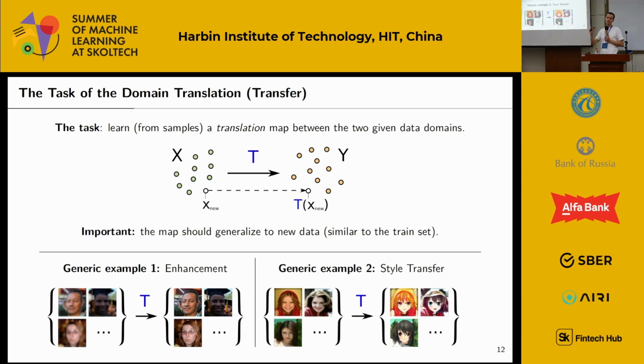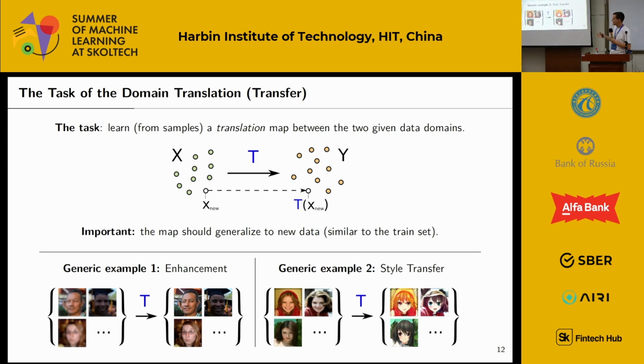In domain translation problems, they differ from classical generative modeling problems because we usually have two samples of data, yes? And these samples are assumed to be a sample of data from one domain and a sample of data from another domain. And the goal is to construct a model which will be able to translate data, transfer or transform data from one domain to the other domain. And there is a great amount of such generative modeling problems.